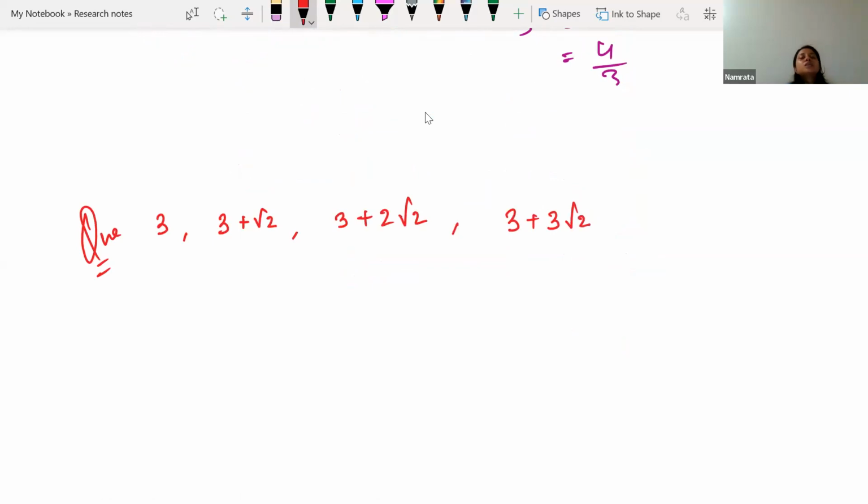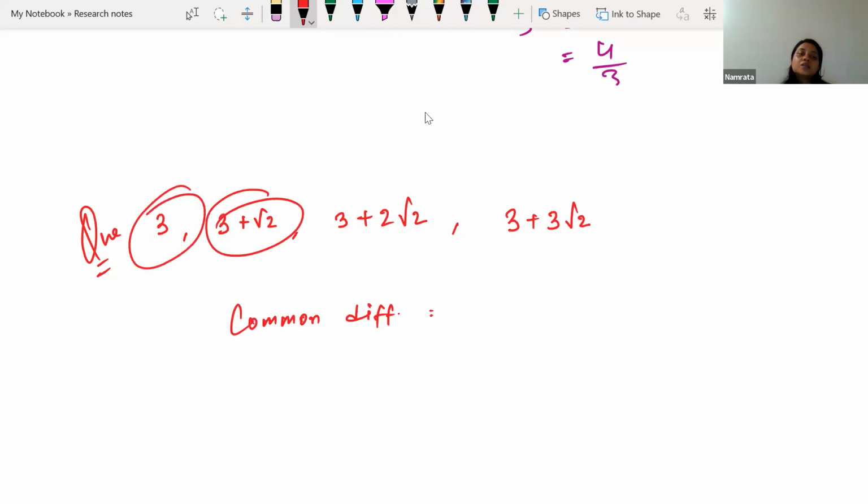Let's check whether this one is in AP or not. So the common difference has to be same. Common difference, if we start finding, so this term minus this term, let's check it. 3 plus root 2 minus 3 will be only root 2.